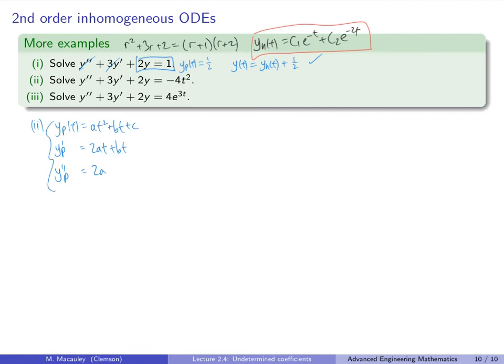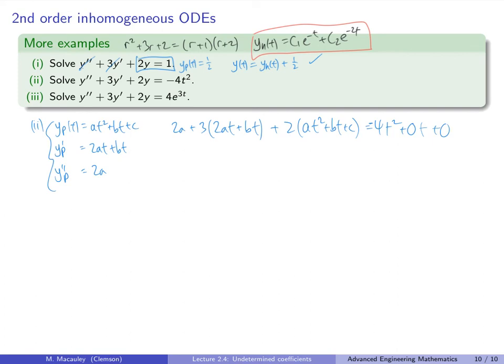Now let's plug this in: y double prime is 2a, plus 3y prime, which is 3 times 2at plus b, plus 2 times y, that's 2 times a t squared plus bt plus c, equals, oops, not 4e, and not 4 either, it's negative 4t squared plus 0t plus 0.